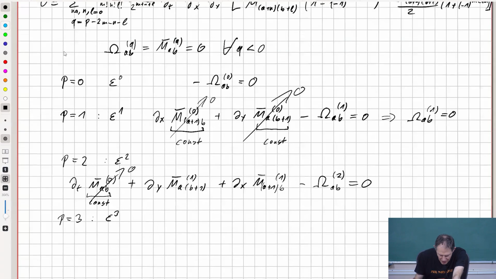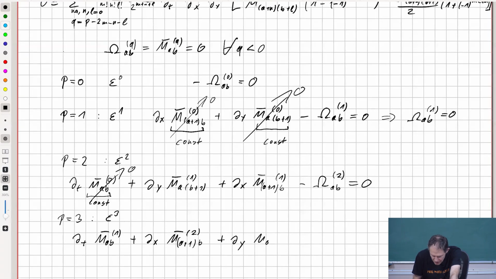And now comes here the first time dt MAB to the first order, which is not constant, right? Plus dx MA plus 1b, this comes to the second order, plus dy MA 2 second order b plus 1, minus omega AB to third order, equal to 0.